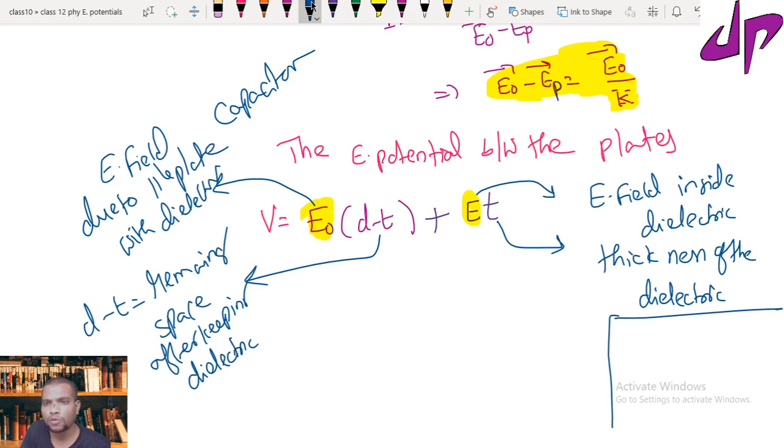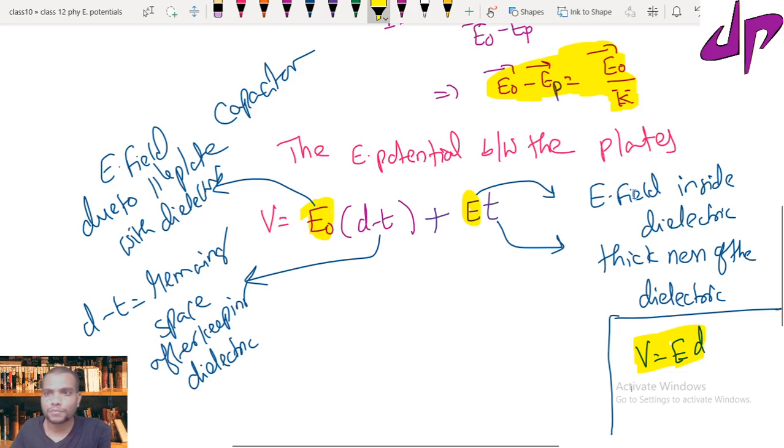Now that formula you always match with the relation between electric field and potential: V equal to ED. And here the potential is a scalar term, so we can add it up.